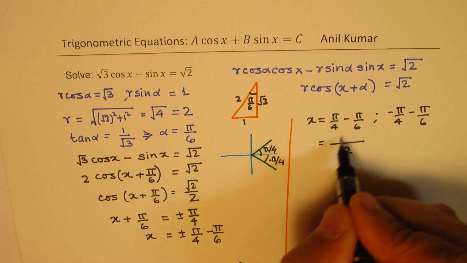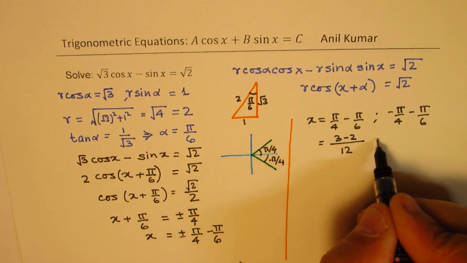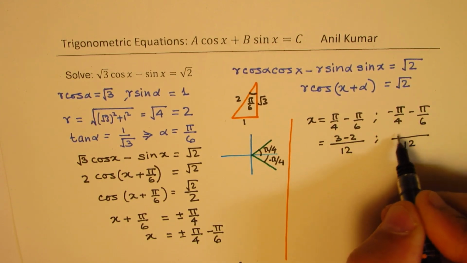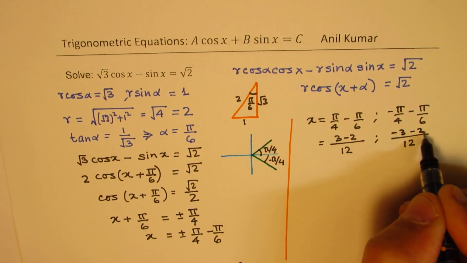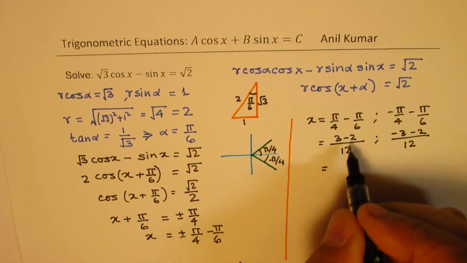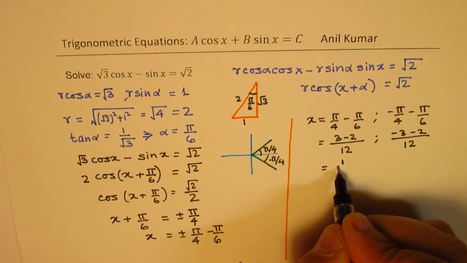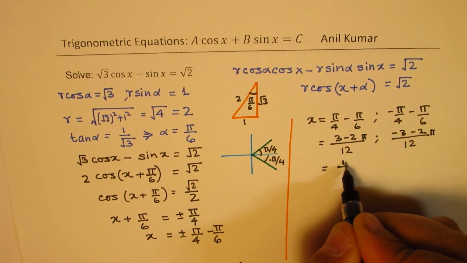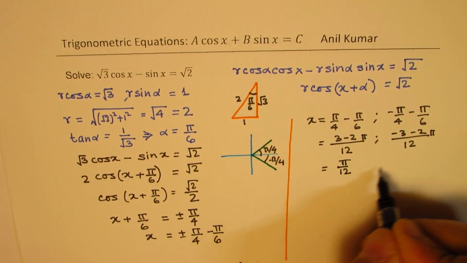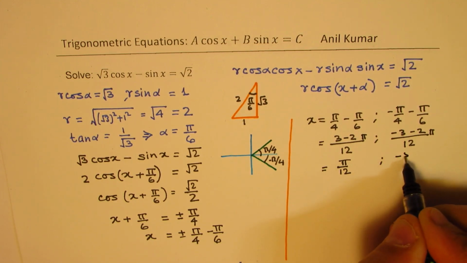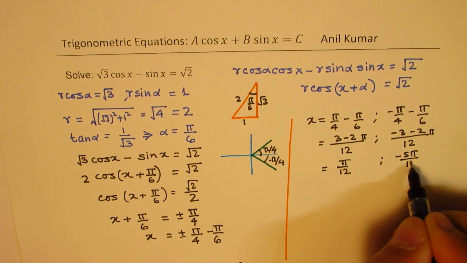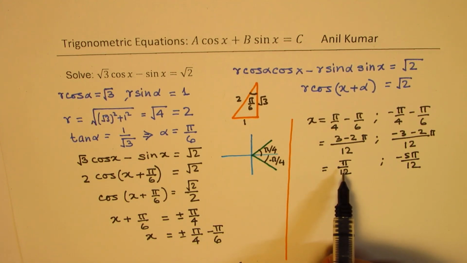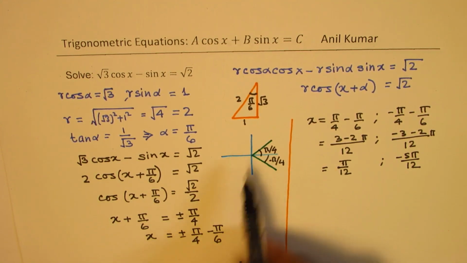So this goes 3 minus 2, and here we get 12 as a common denominator. We get minus 3 minus 2. So the value of x will be, basically, pi over 12, and in this case minus 5 pi over 12, correct? So we get two solutions. That is when the domain is restricted to 2 pi.